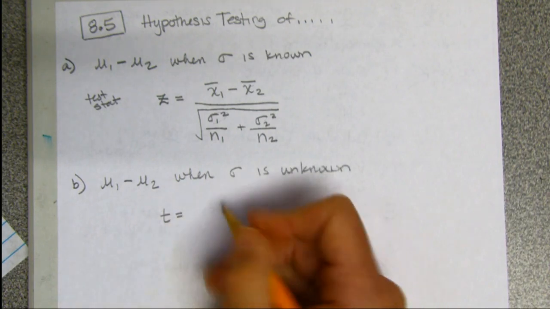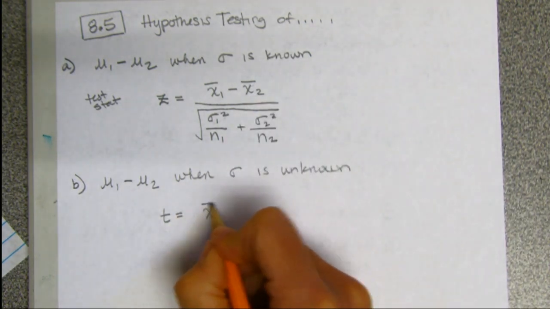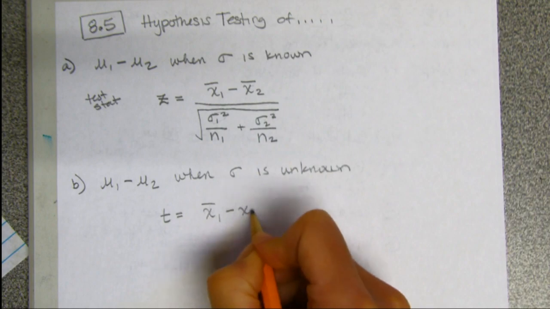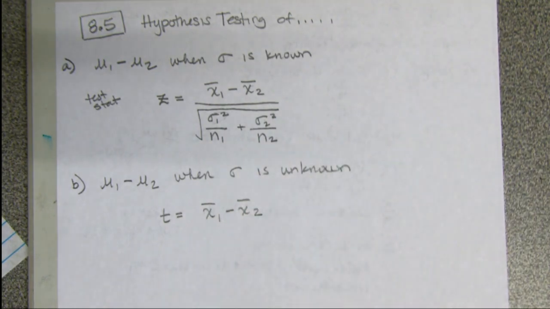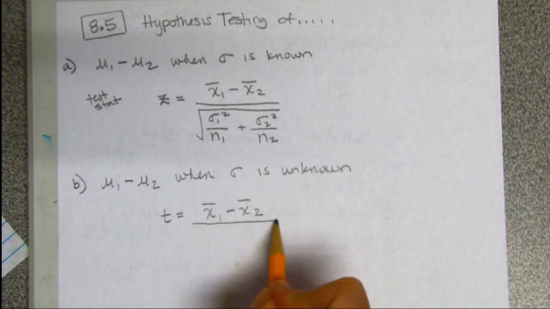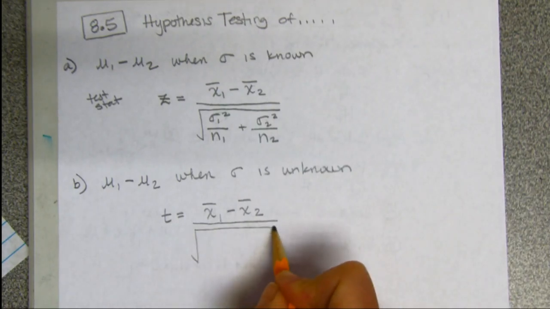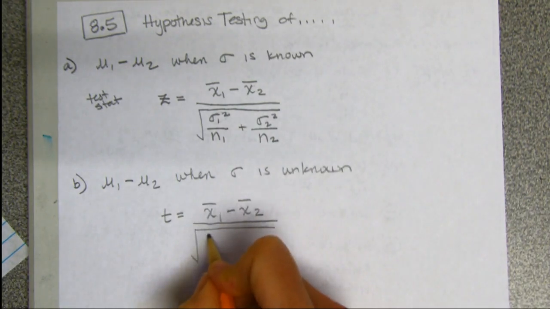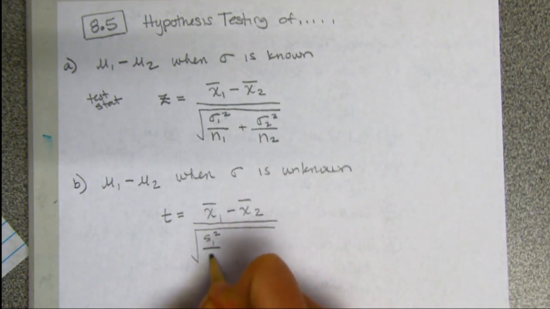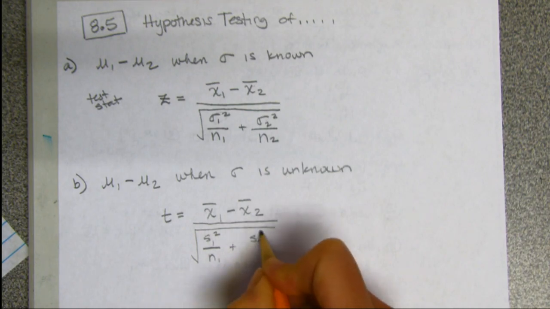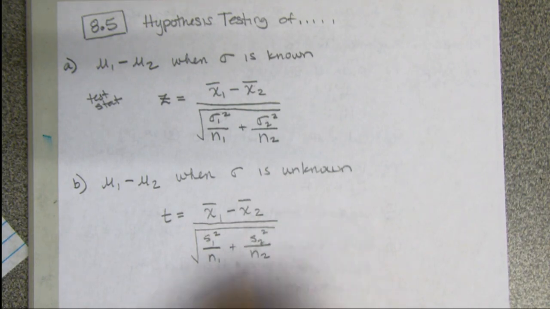It looks an awful lot like this formula, x bar 1 minus x bar 2 over the square root of... The only thing that changes is our sigmas to s's: S1 squared over n1 plus S2 squared over n2.